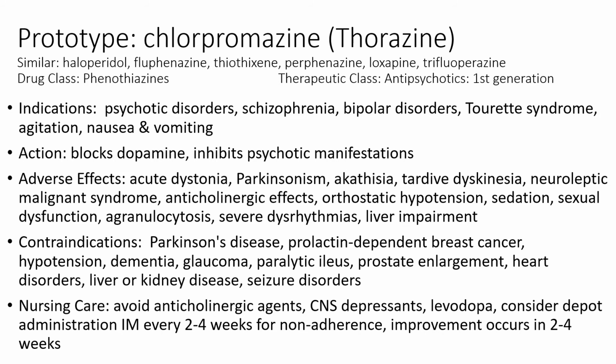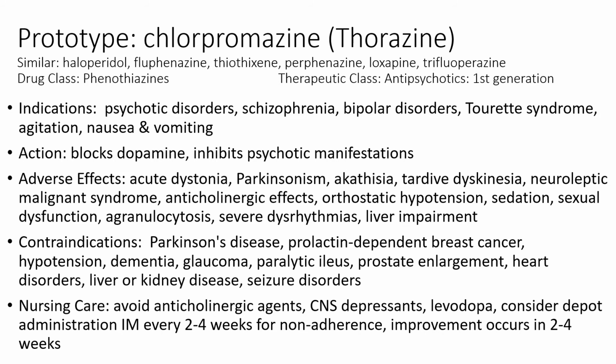We still use them. We actually use them more often for vomiting or to control nausea and vomiting now than anything else. But they're definitely still antipsychotics, and you'll still see patients on these. But newer generation antipsychotics have replaced them.